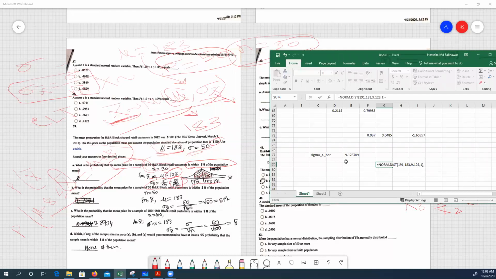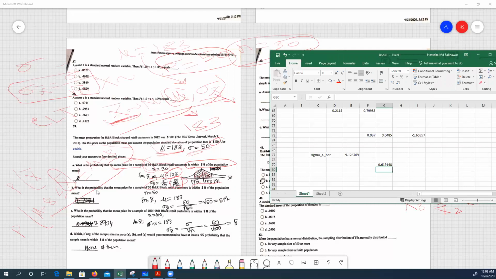Then minus NORM.DIST of the lowest number, 175, comma, the mean 183, comma, the standard deviation 9.129, comma, and cumulative. Close the parenthesis. So this probability is 0.619148.